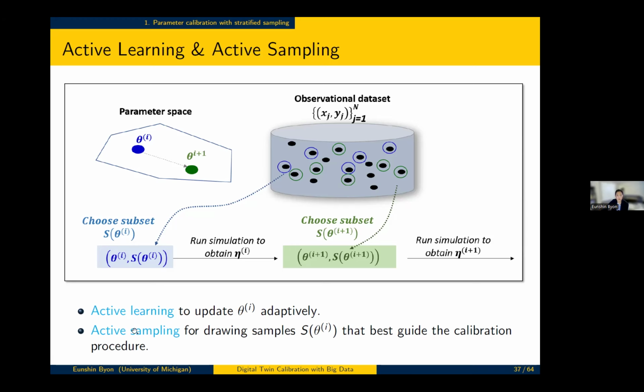And we also take an active sampling approach that best guides the calibration procedure. So at each theta i, to choose the data points, we use stratified sampling and we optimize the stratification structure. So we draw the samples that can best guide the calibration procedure.